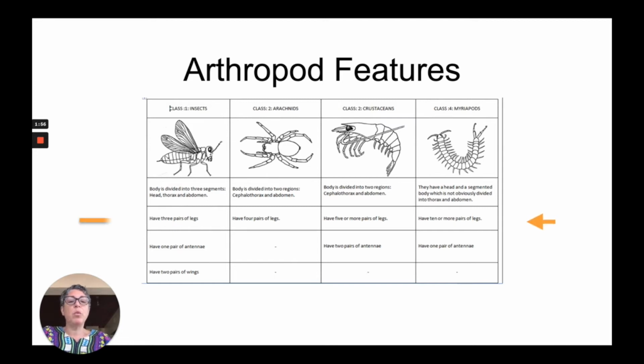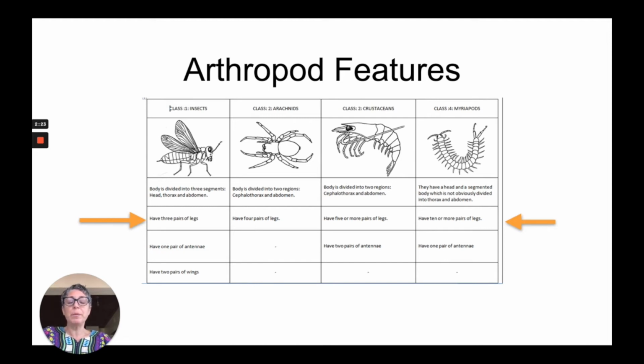Typically, what we can just visibly see without having to really touch the arthropod is the number of legs that an organism has. If we know it's an arthropod, it's got the exoskeleton and jointed legs, and we want to further classify it: if the organism has 3 pairs of legs, and 3 pairs only, so that's a total of 6 legs, then we know it is an insect.